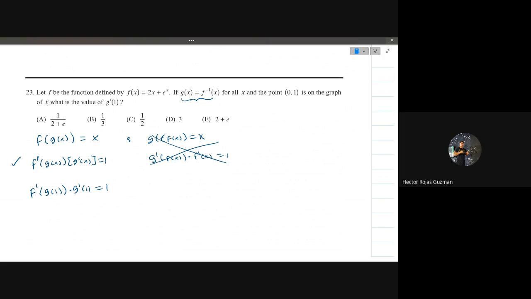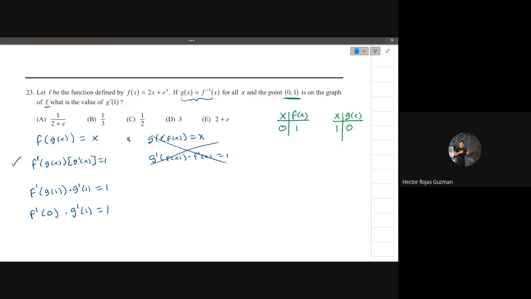And we're going to do that using the point given to us. They're saying this point is on the graph of f. So in other words, x and f of x has the point (0, 1), which means that x and g of x, because they're inverses, have the same point, but flipped. So g of 1 is 0. Now f prime of 0.